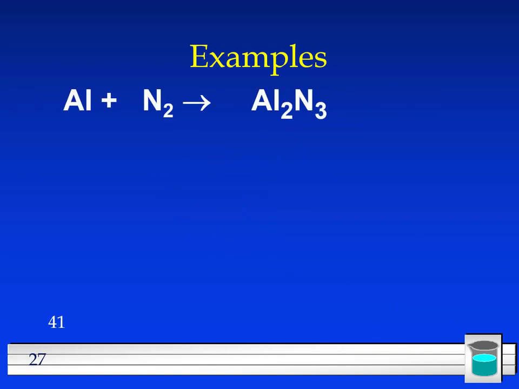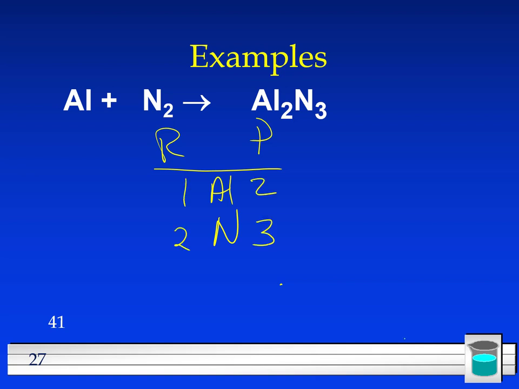Aluminum and nitrogen make aluminum nitride. So my reactant side, there's 1 aluminum and 2 nitrogens.